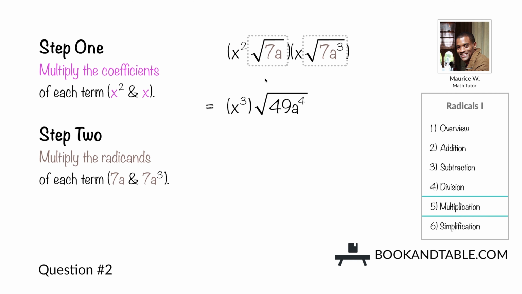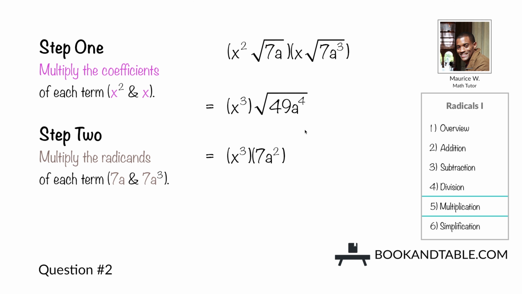Step 2, multiply the radicands of each term, 7a and 7a cubed. The exponent 1 plus 3 gives us 4. 7 times 7 is 49. Now we simplify this further because 49 has a perfect square root, and we can simplify a to the 4th.